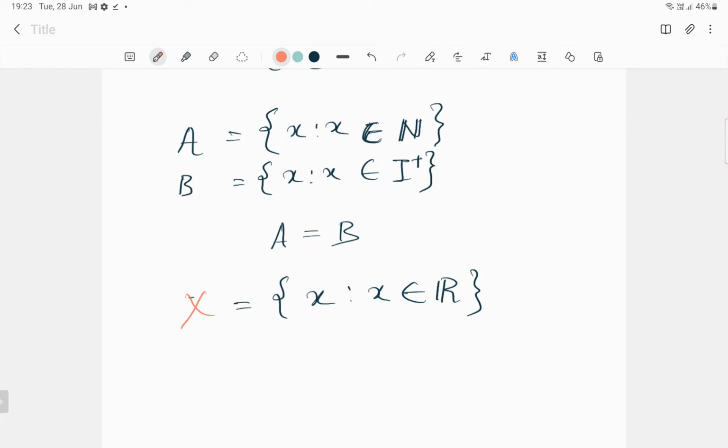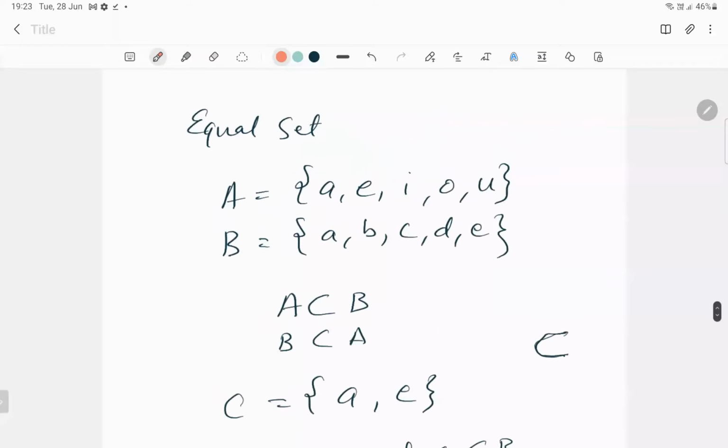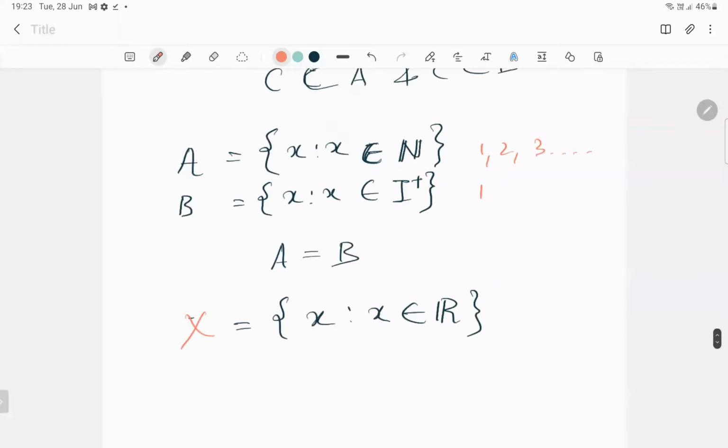Now you can see A and B. A is 1, 2, 3, and so on, B is also 1, 2, 3, and so on. All these numbers are there as well. Real numbers means all the numbers, whatever number you can write, they are all real numbers. Am I understandable, are you understanding?